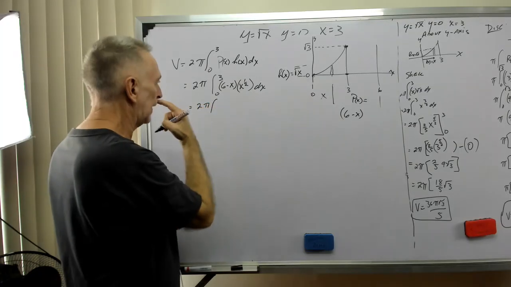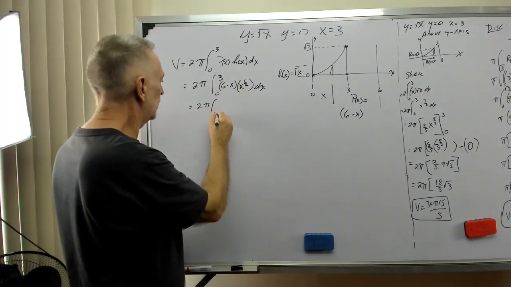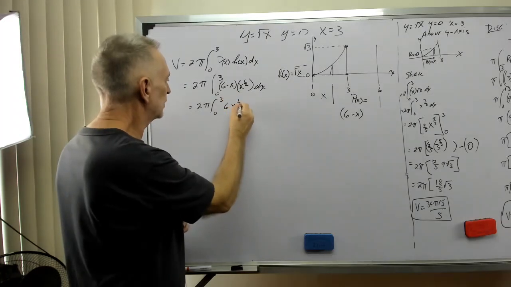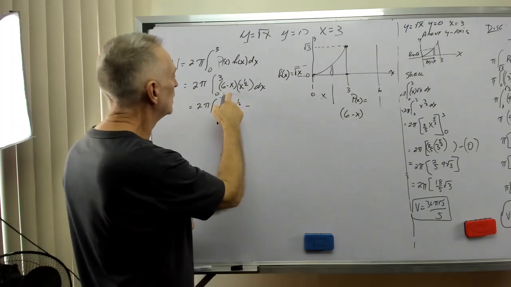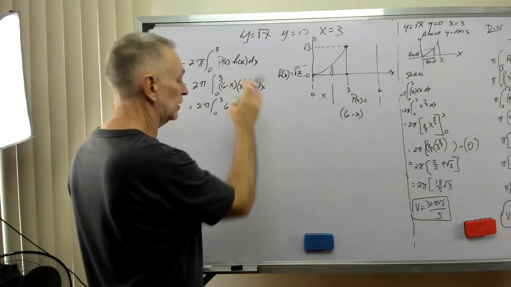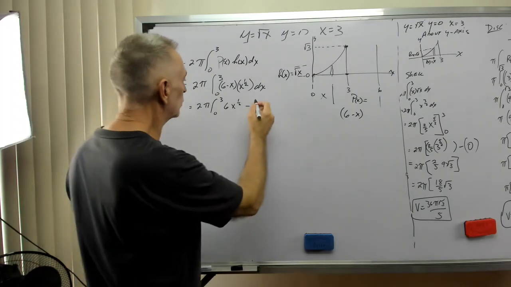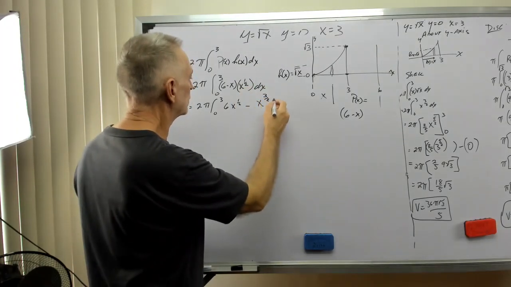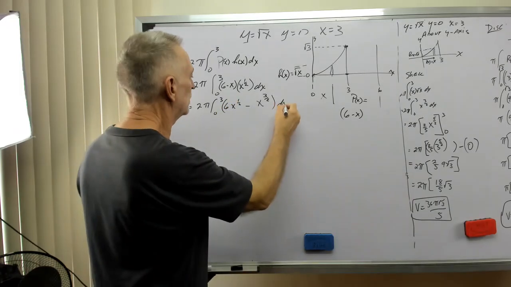Okay, so let's distribute that to the inside. 6 times x to the 1/2 is 6x to the 1/2, minus x times x to the 1/2, so x is x to the first, that's x to the 2 over 2 plus 1 over 2, that's x to the 3/2. All of that's dx.